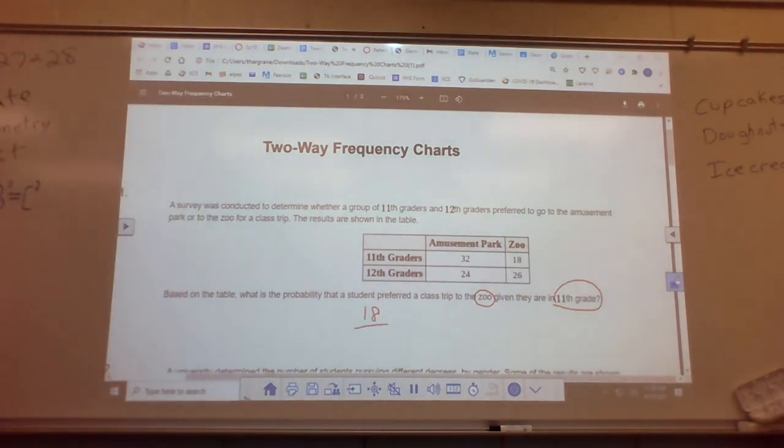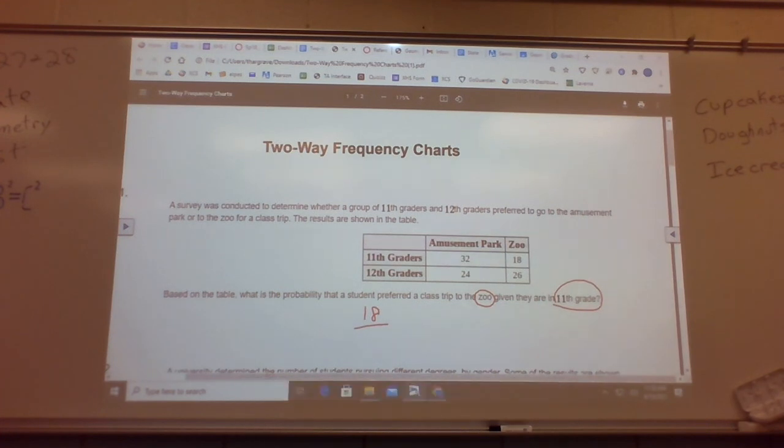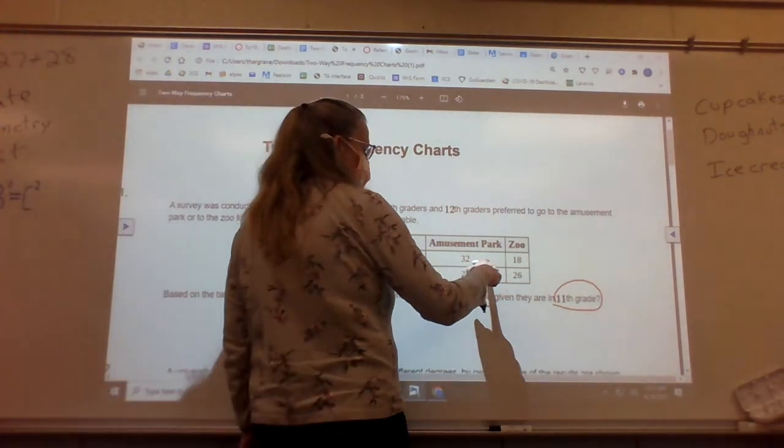Out of, now here's kind of the tricky part, because it said, given they're in 11th grade. So I'm looking at just the 11th graders. So what's the bottom number? Well, how many 11th graders did they talk to? It would be 50. They didn't give us a total, but I can find the total by adding these together.